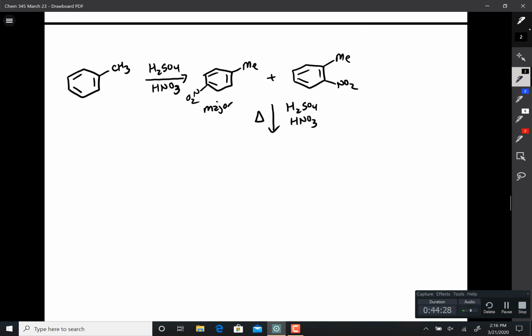What heating up the system does is it increases the number of collisions between materials. So now each of these, by heating up the system, is colliding more with nitronium, increasing the likelihood of it reacting. Most of the time that nitronium is just going to bounce off, but every once in a while it will react with it.